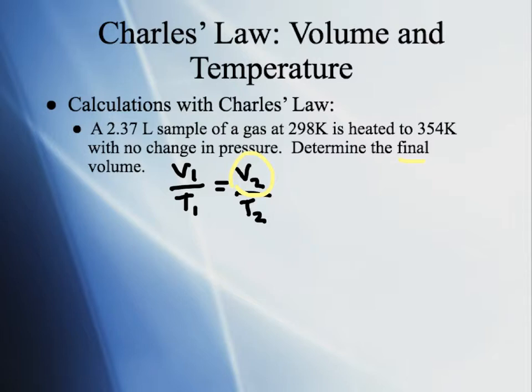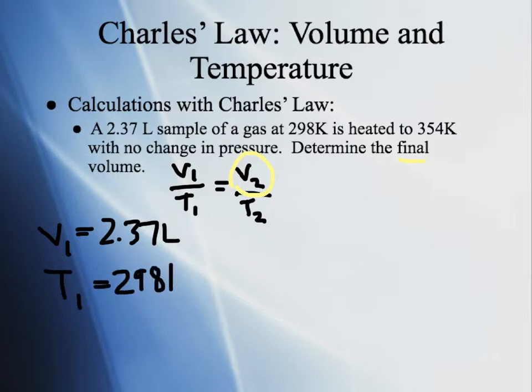All right, let's see what the rest of these are. So V1 is 2.37 liters because that's the volume that was mentioned first. And its temperature to start with is 298 Kelvin. Now it says it's heated to a different temperature, so that must be our T2.